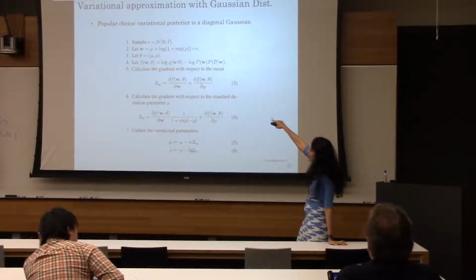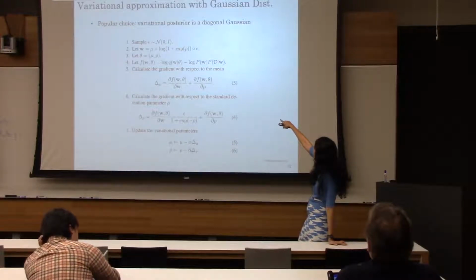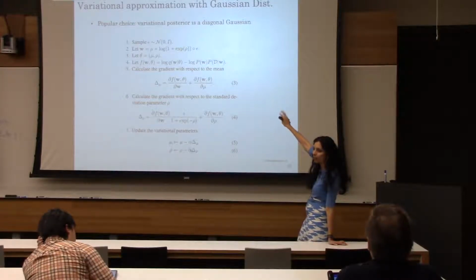This, instead of sigma for the standard deviation or sigma square for the variance, we're parameterizing it with rho and epsilon. That's to ensure that, if you recall, log of 1 plus exponential is still always positive. So you take derivatives, you move, and it's still positive. Just a simple trick, right?